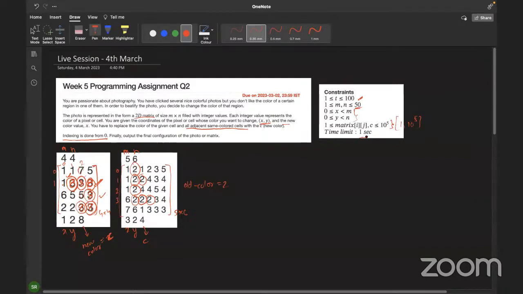The time limit as given is 1 second. So just remember that before starting to come up with an approach or thinking of the solution, always also look at the constraints.